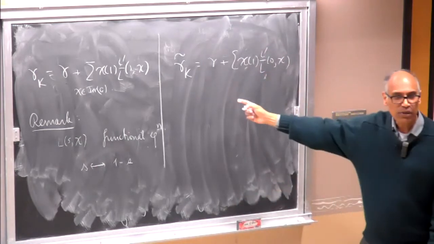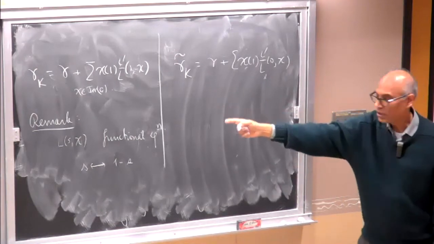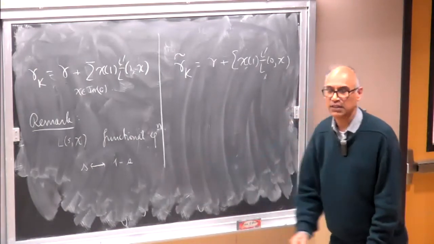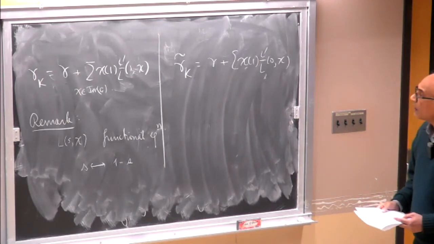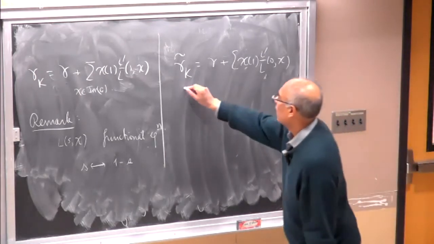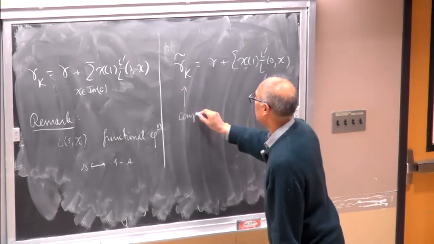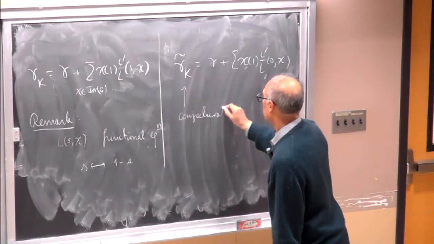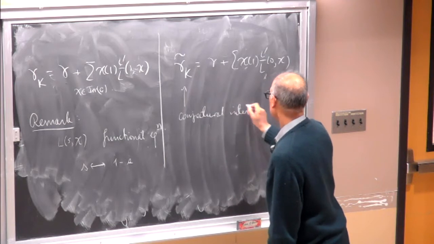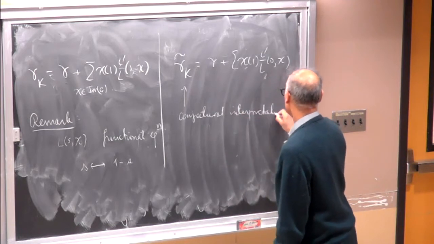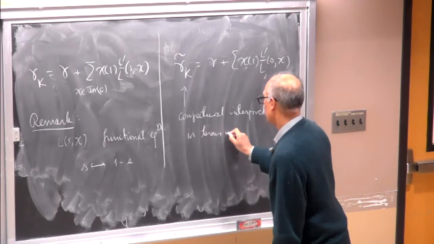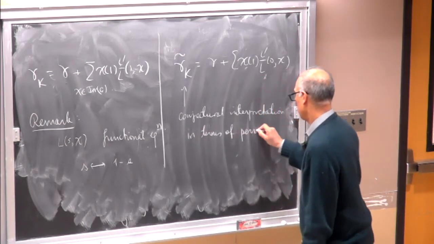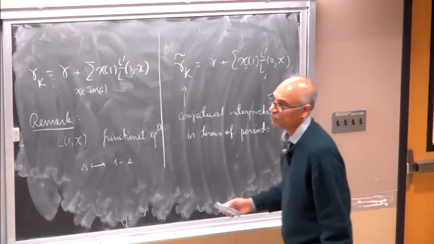And there's a simple formula relating the two using the functional equation. Just logarithmically differentiate the functional equation. Why do I want this gamma k tilde? Because this has a conjectural interpretation in terms of periods. I'll try to explain now.